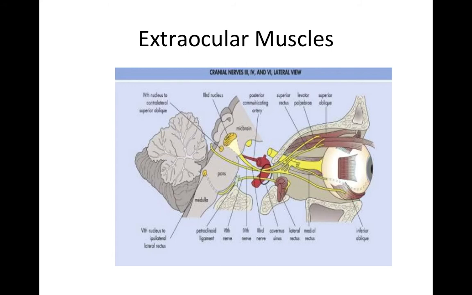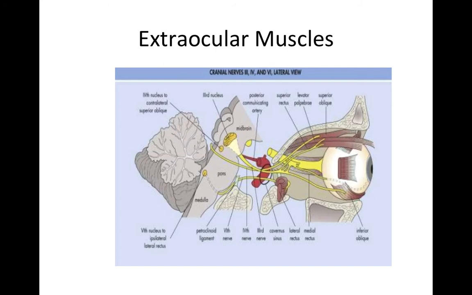This is another picture that's going to show us the cranial nerves and their attachments to those muscles. It's also important to know where the cranial nerves originate in the brainstem, and we're going to look at that in more detail, but just to quickly go over it, first you have cranial nerve 4, which is your trochlear nerve.